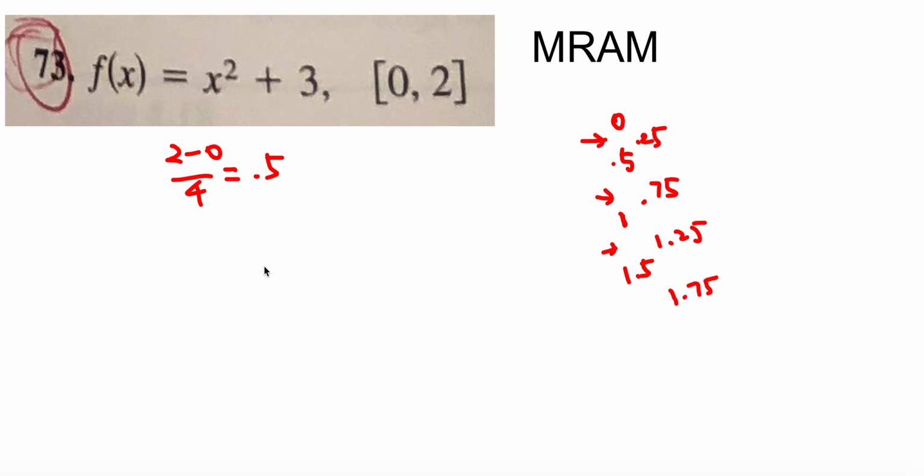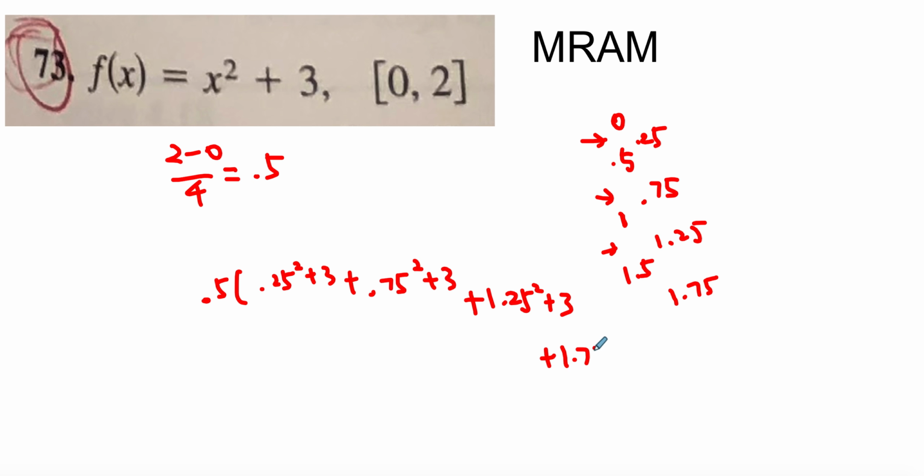So then my rectangle will be 0.5, which is my base, times the height. The height is when I plug in 0.25 in place of x. So I get 0.25 squared plus 3, plus 0.75 squared plus 3, plus 1.25 squared plus 3.